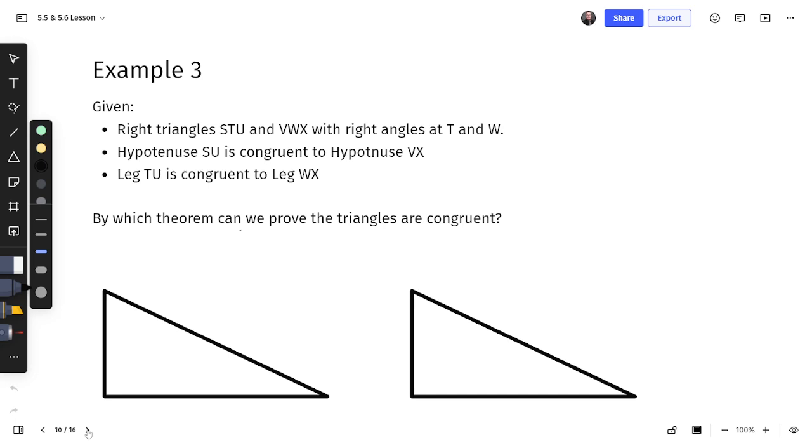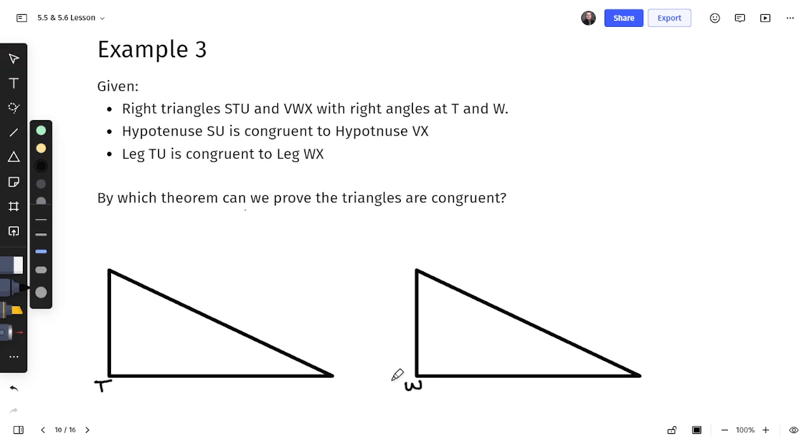They tell us that there are right triangles STU and VWX with the right angles at T and W. Let's mark the right angles, T and W. And now let's fill in the rest of the vertices so we can put our S and our V on the top and our U and our X as the remaining vertex.